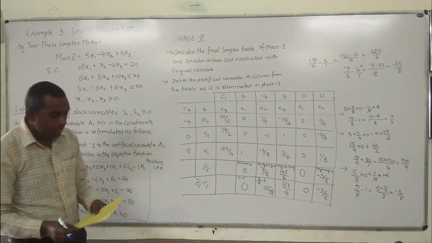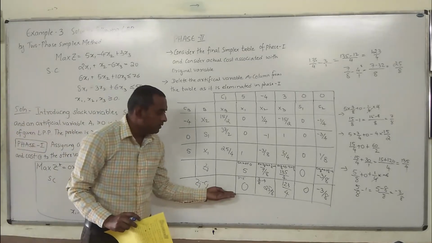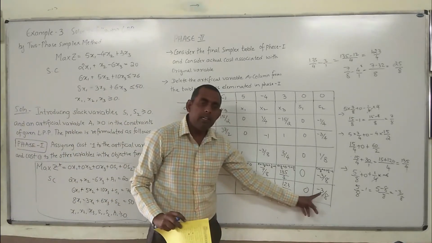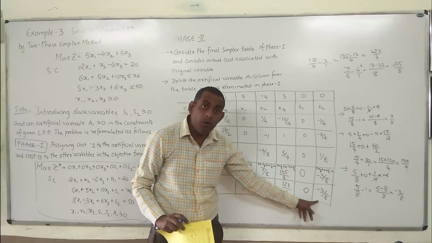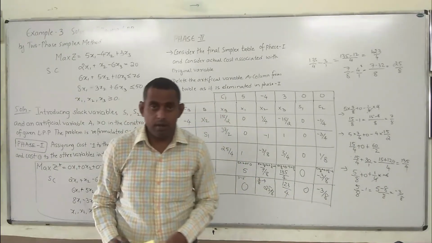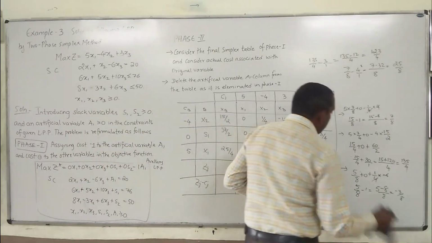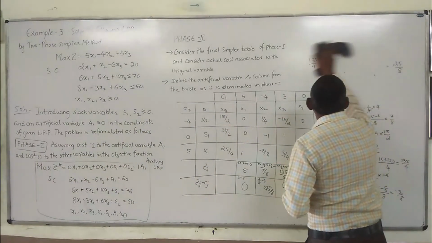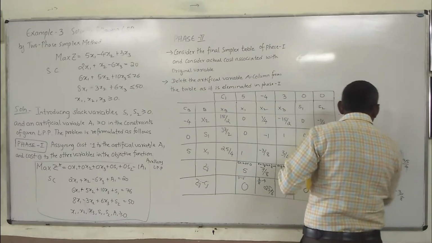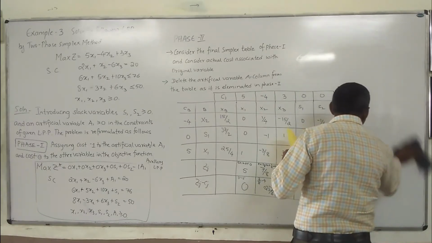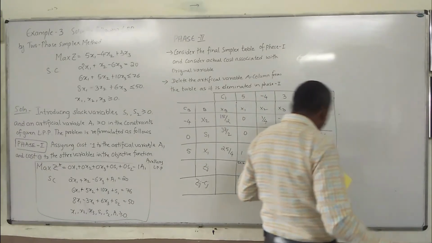Fine. So what happens here? Since Zj minus Cj, we got one negative, minus 3 by 8. After phase 2, we think that this LPP does not possess any feasible solution. So let me conclude here.